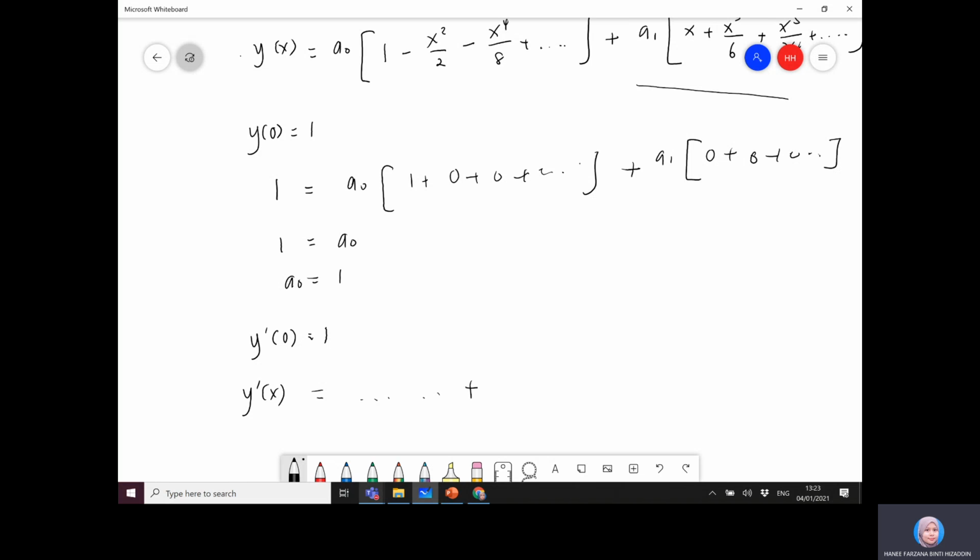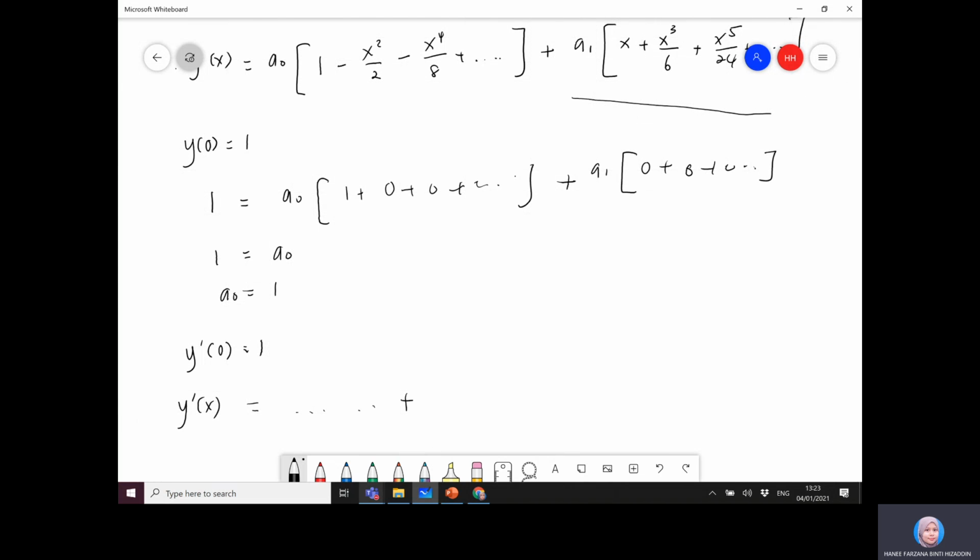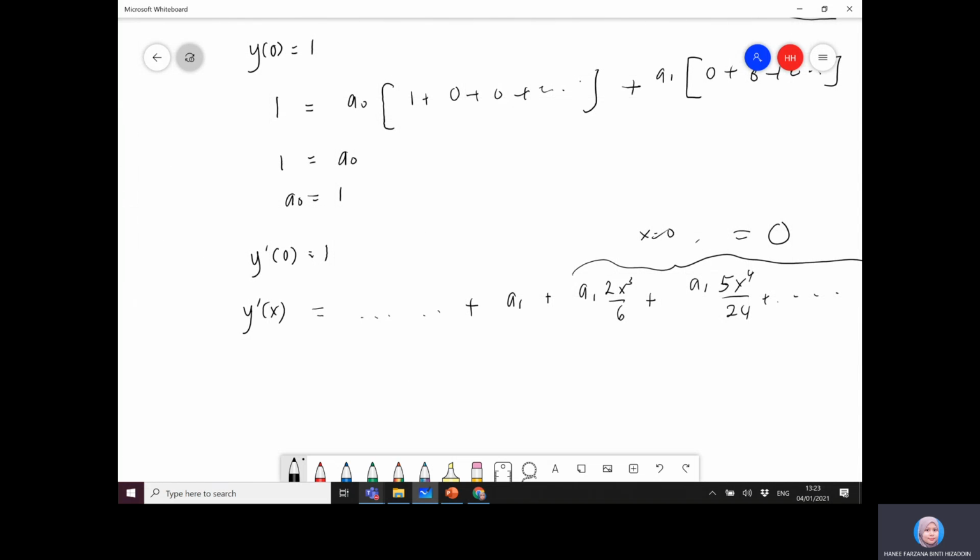When you differentiate the terms starting with a1, you'll get a1, and then plus a1 times 2x cubed over 6, plus a1 times 5x to the 4 over 24, and so on. You can see the trend that starting from this point onwards, when x equals 0, everything will be equal to 0. So you can concern yourself with this a1.